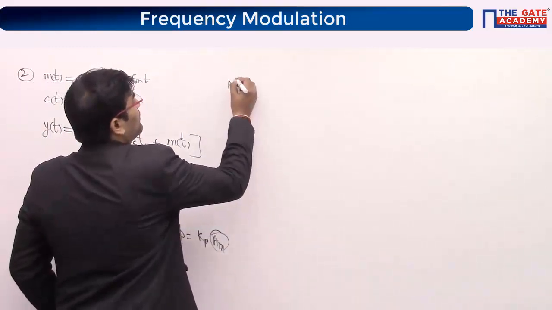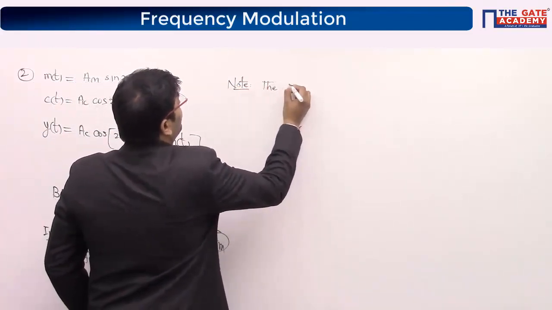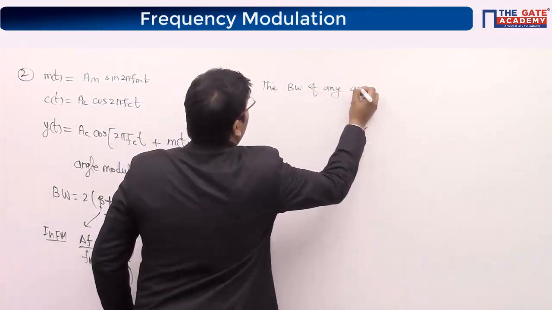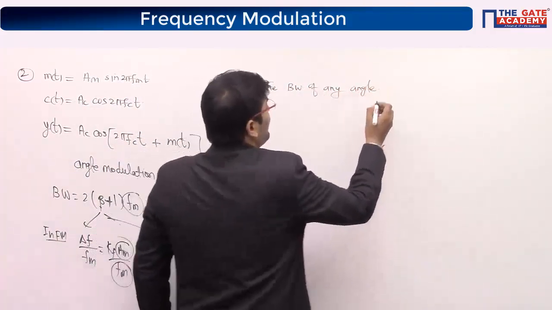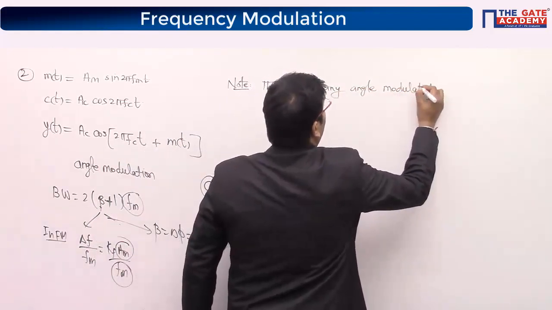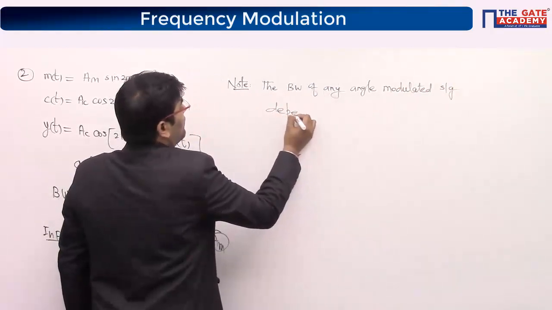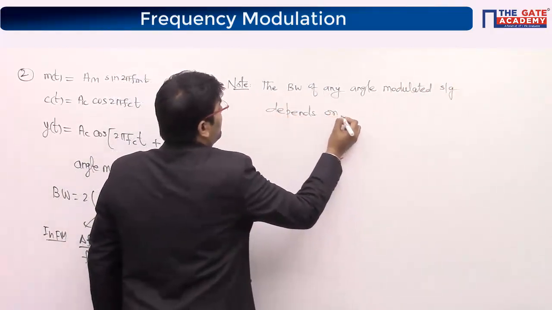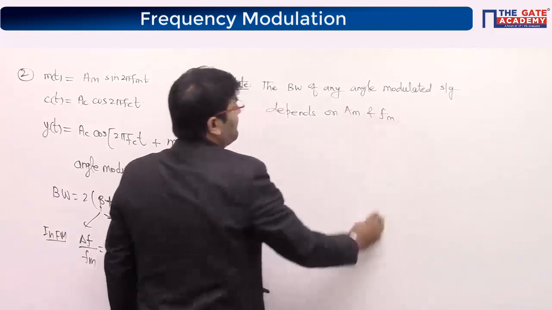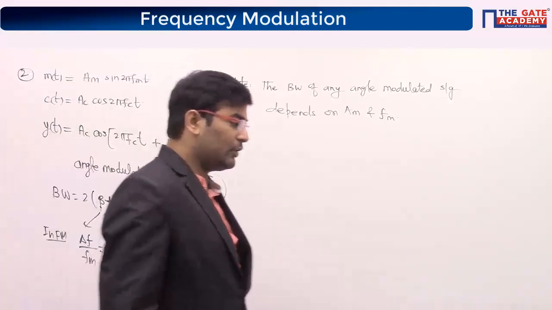I'm writing a note so that you can learn from this question, GATE 2015: the bandwidth of any angle modulated signal, doesn't matter FM or PM, depends on AM and FM. Everyone is clear? Yes or no? Next question.